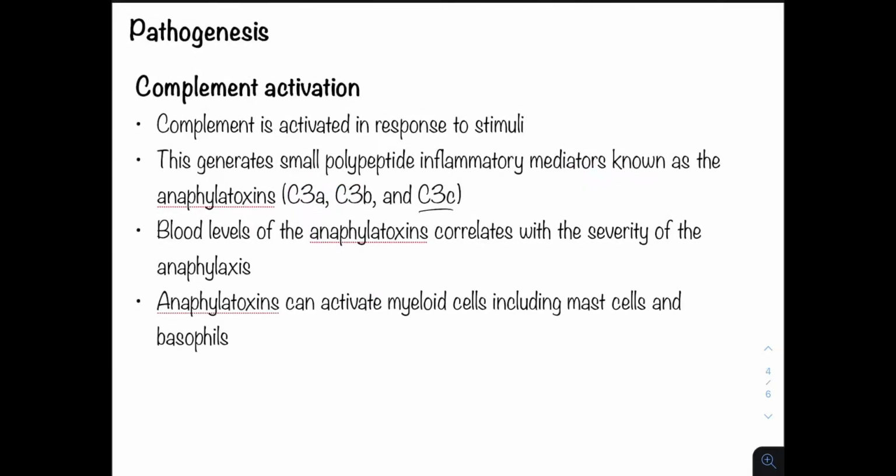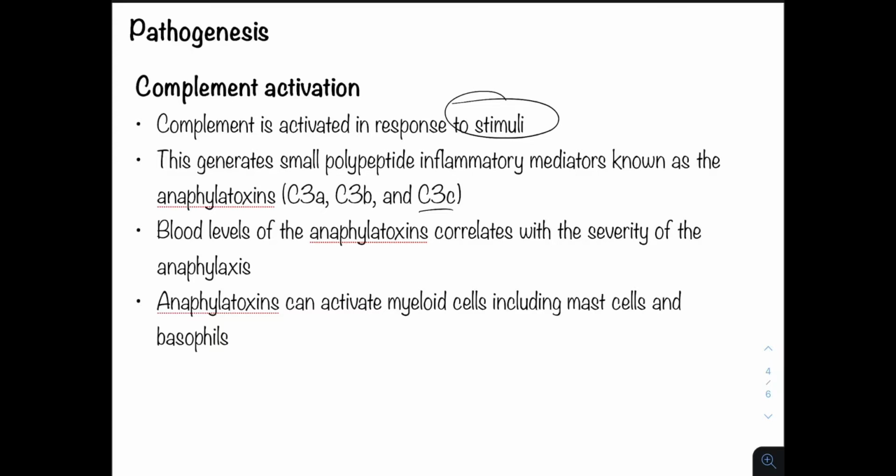Before we discuss histamine and the clinical features of anaphylaxis, it is important to note that the pathogenesis of anaphylaxis is complex and multiple other systems are activated. Another important system that is activated is the complement system. Complement is activated in response to the allergen stimuli.